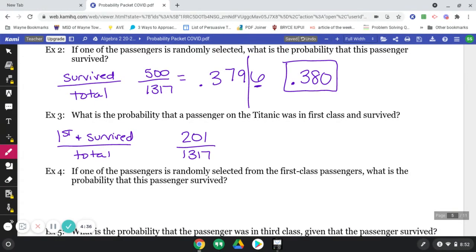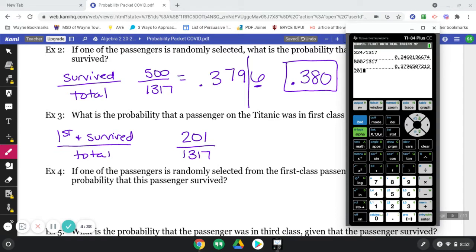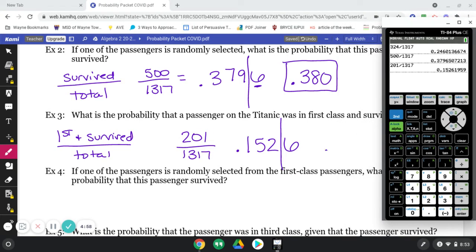Divide it in your calculator. 0.1526. Remember, we're going out to the third decimal to round, so we look at the fourth one to help us decide. 6 is going to round that up to 0.153.